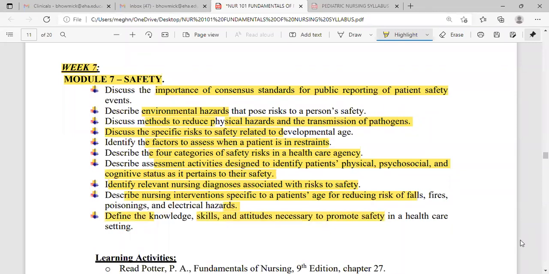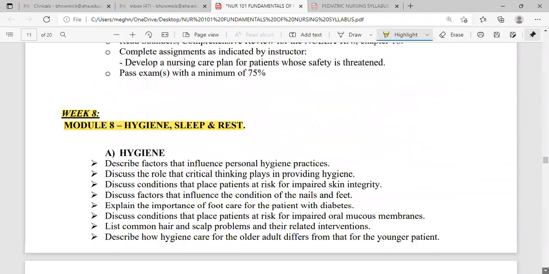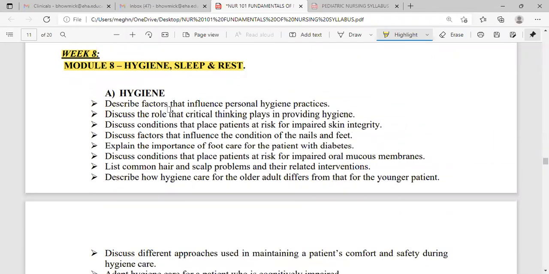It is included in module 7, which talks about safety measures. Week 8 basically talks about hygiene, sleep, and rest. So here it includes hygiene. What are the factors that influence personal hygiene practice?